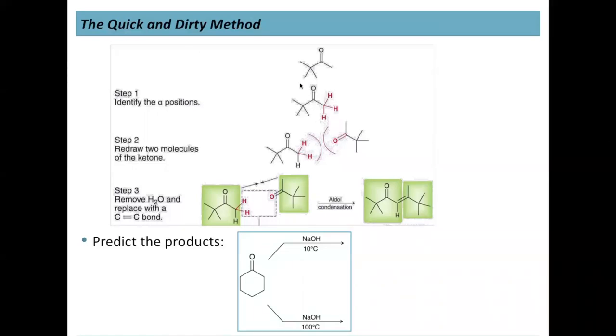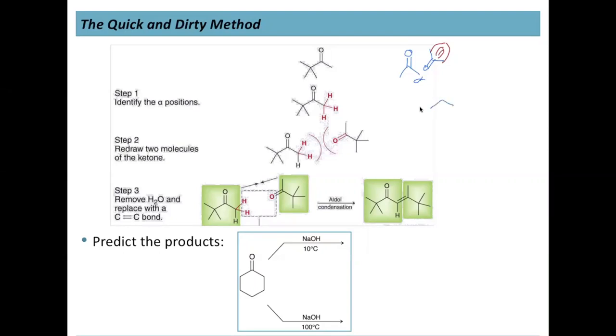And we're back. So there is a quick and dirty method to actually identify the aldol condensation product. So if I just took acetone, what you can do is you line up that carbonyl with the alpha carbon of the other carbonyl. And you can almost think like this is a spaceship docking.